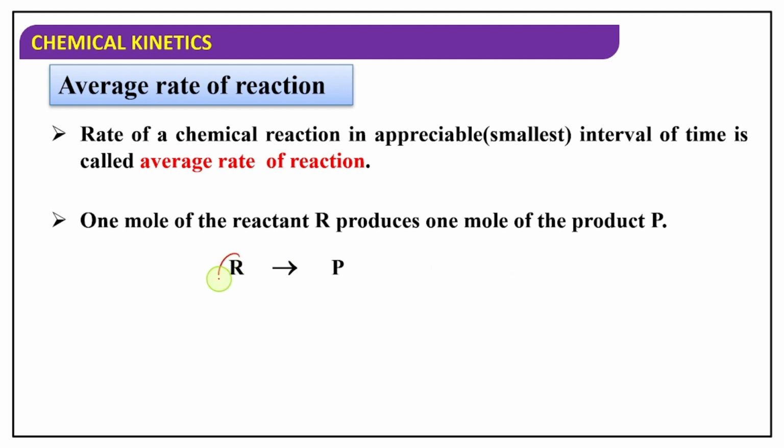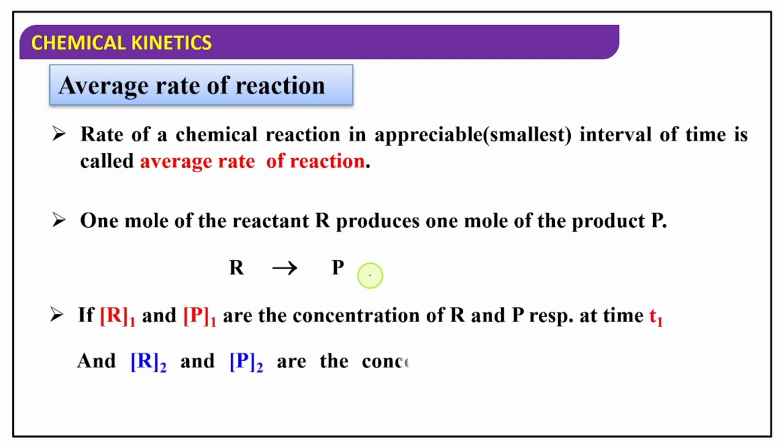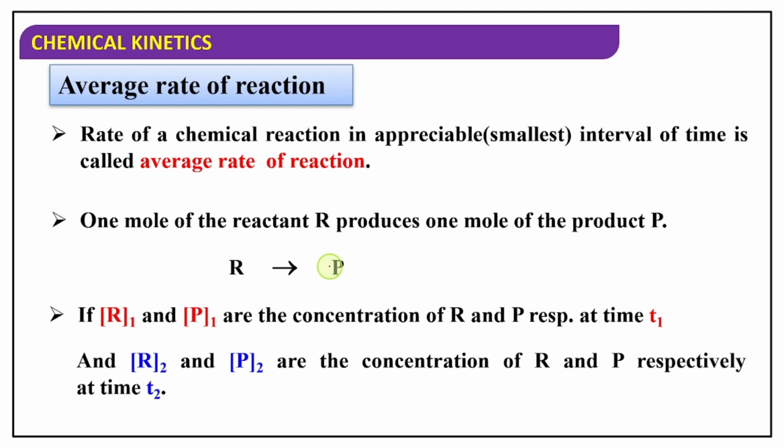Here R represents a reactant and P is nothing but the product. The number I have written here, 1, is there by default. It represents that we have taken 1 mole of reactant and it gets converted to 1 mole of product, right? So the reaction started occurring.